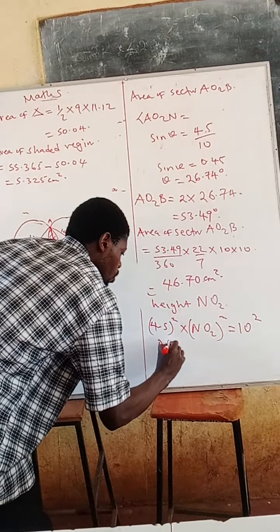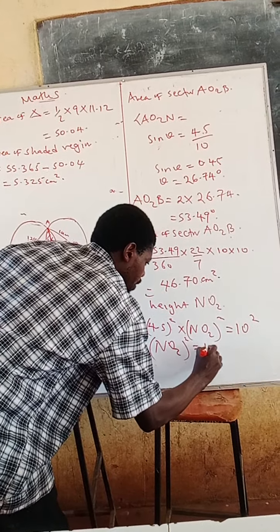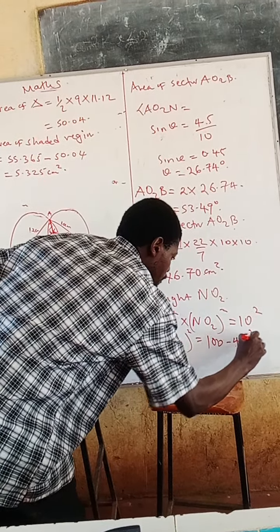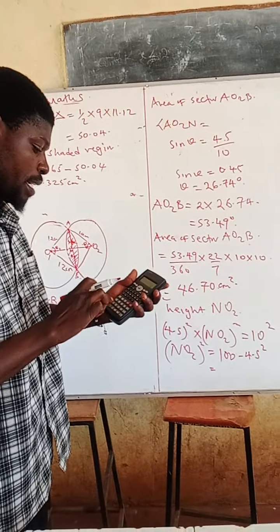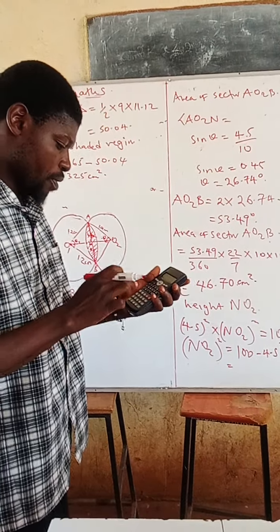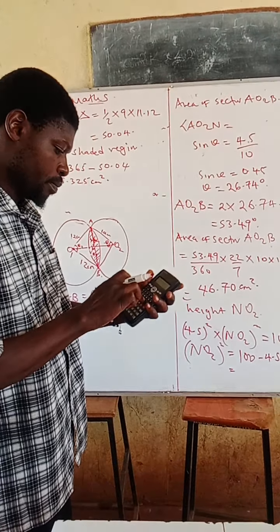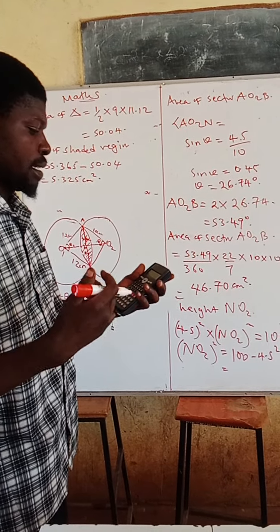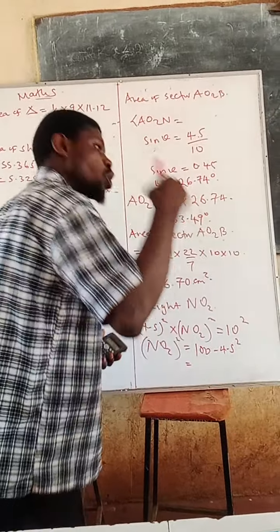Now, NO2 squared will be equal to 10 squared, which is 100, minus 4.5 squared. According to my calculator, 100 minus 4.5 squared becomes 79.75. That is NO2 squared.